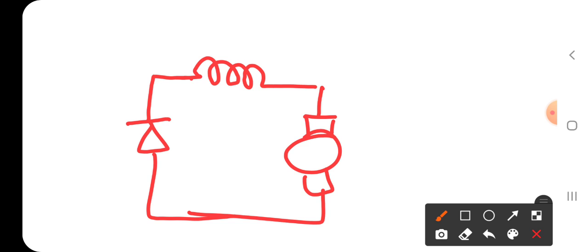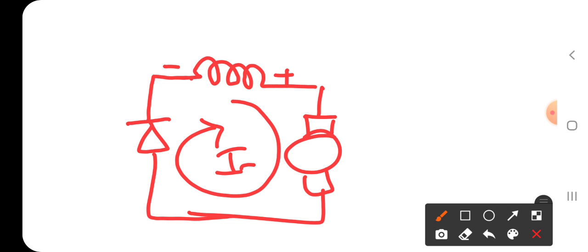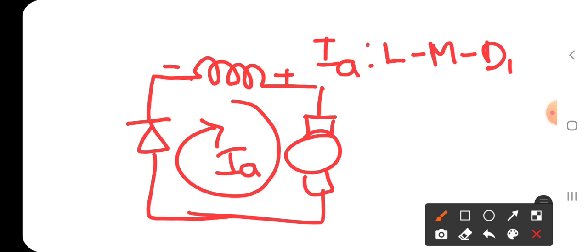The inductor acts as the source. So IA flows from the inductor through the motor and D1 to the inductor again. This is how the current flows in the circuit.